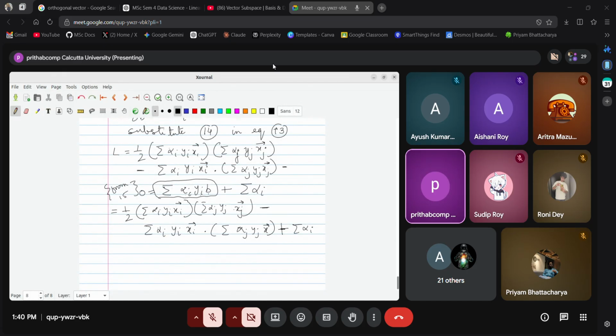Now L becomes the summation alpha i minus half, since these two summations are there, the summation over i and j of alpha i alpha j yi yj xi xj. So I'm rewriting in this fashion.